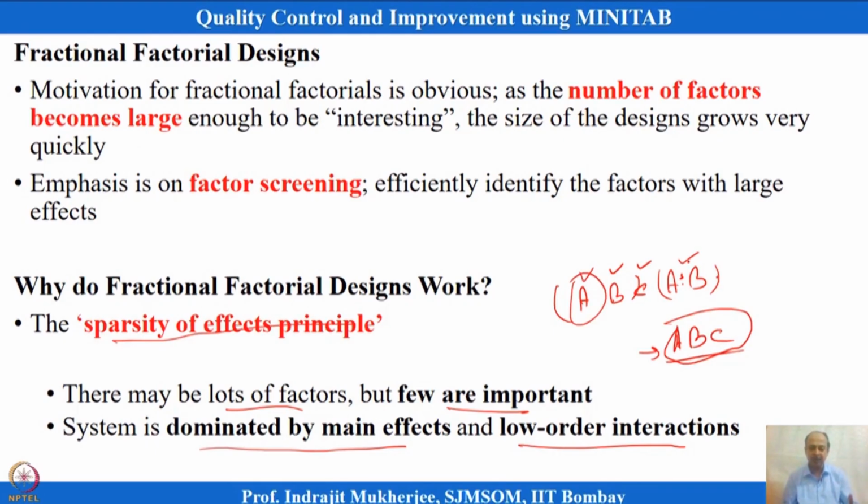Sequentially, what we can do is take 3 or 4 factors, see which is important, then take another set, do another experiment, and screen the factors like that. We do not go all at a time, we do it sequentially, and then we try to extract the information which is required, that means which factors are important.